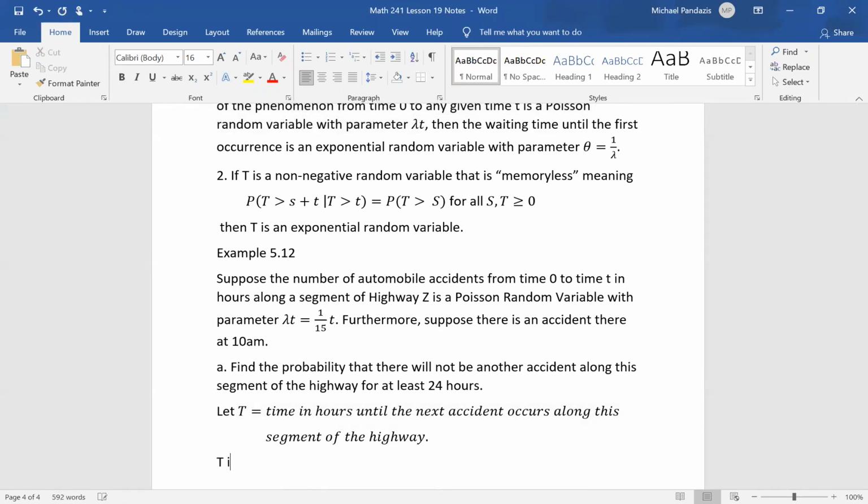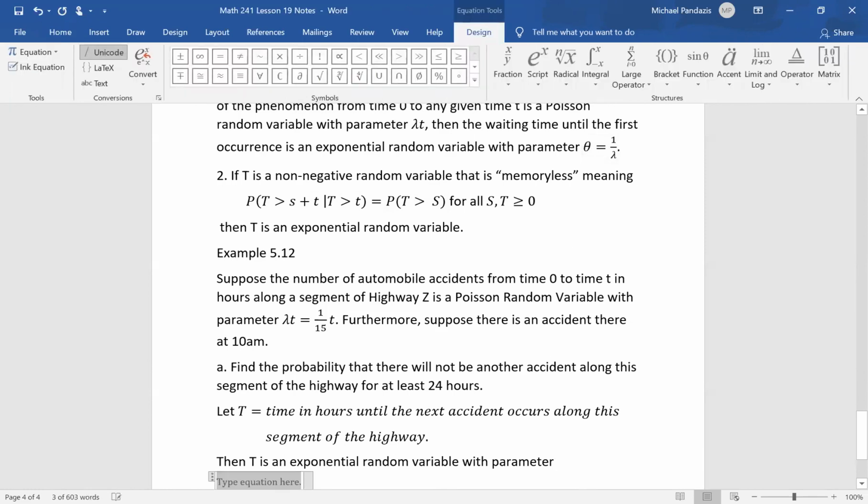Okay, so let t equal time in hours until the next accident occurs along the segment of the highway. So capital T is an exponential random variable with parameter, well, it says here theta equals 1 over lambda.